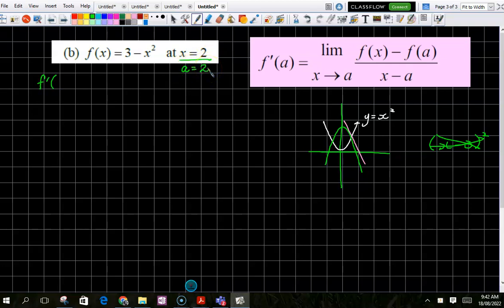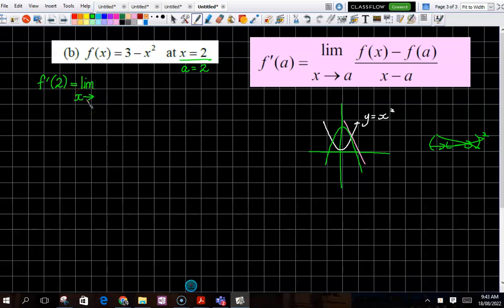You okay with that? Excellent. So f dashed of 2, the dashed represents that it's the slope, it's the derivative. And there's going to be 2 symbols for it. Well, this is the first one. Okay, we go limit.